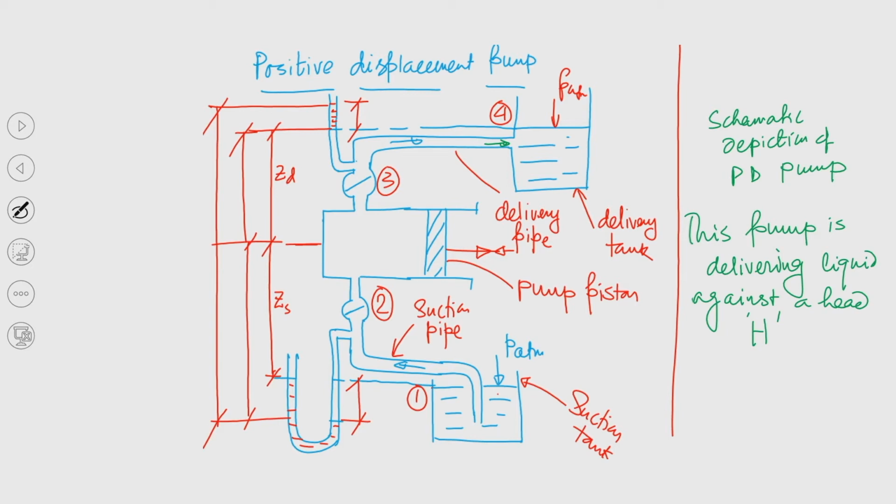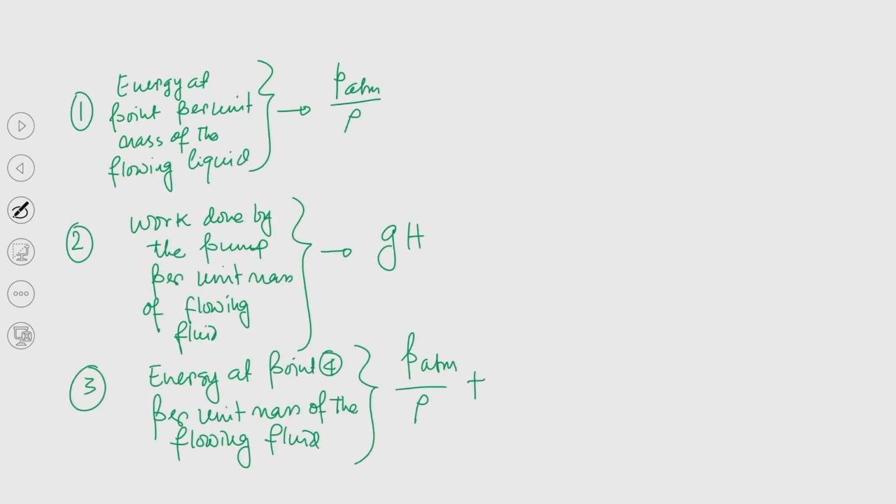So, when the liquid is lifted from point 1 to point 4, at point 4 the liquid has some higher energy. At 1 the energy is Pa by rho, that is the flow energy per unit mass of flowing fluid. At point 4 that will be there because we need to maintain the flow against atmospheric pressure. On top of that, the energy due to height difference will remain stored in the fluid at point 4. That is nothing but G into Zs plus Zd.